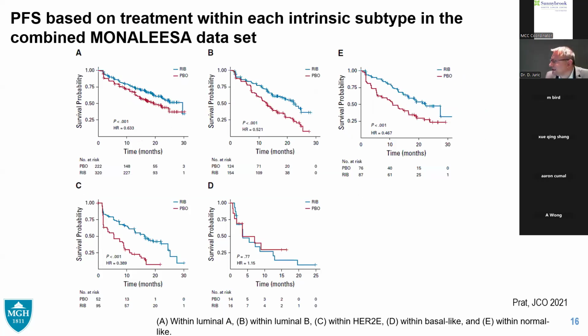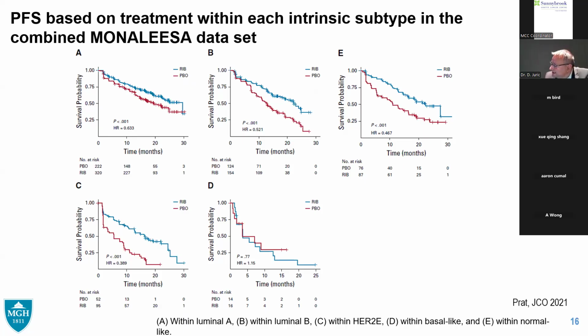One of the most compelling studies that I know is this study by Aleix Prat, who looked at pooled data from MONALEESA trials, looking at how different subtypes of ER-positive breast cancer with different levels of aggressiveness respond to combined ER and CDK4/6 inhibition.